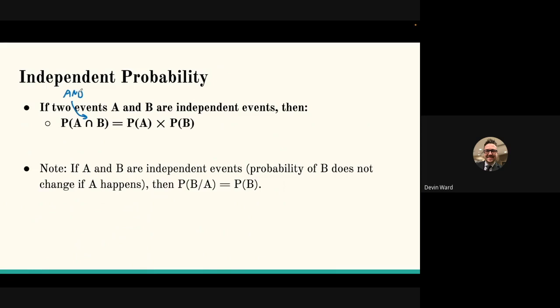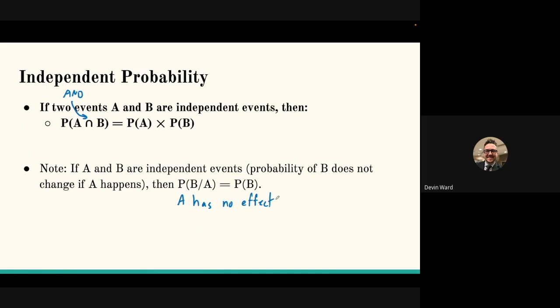Okay. So just note, if A and B are independent events, and the probability of B does not affect any change in A, then the probability of B given A is just the probability of B, okay? Because A has no effect.